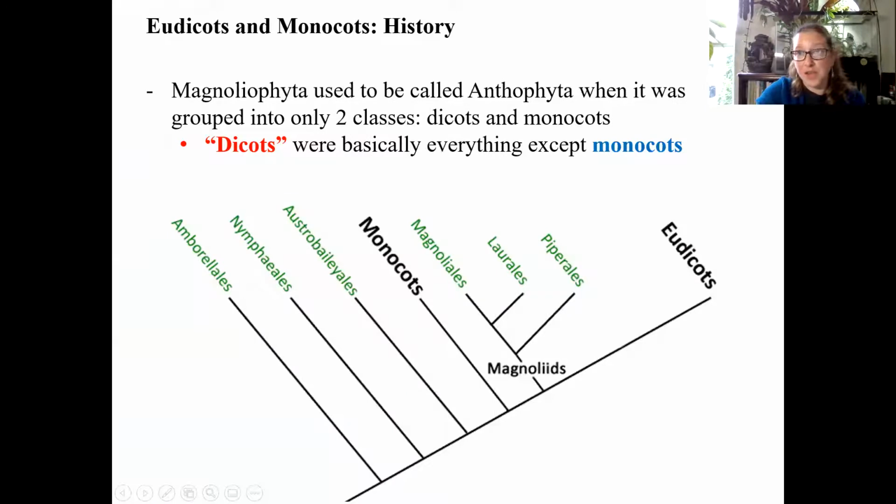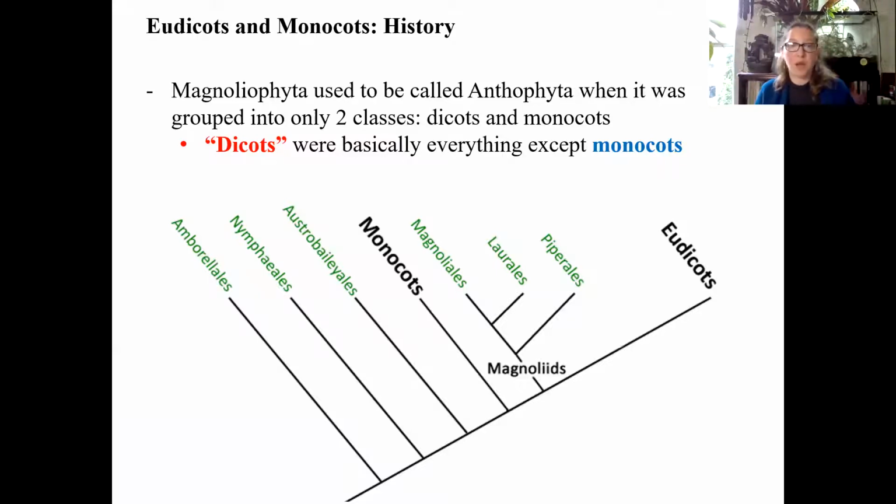So this is that history I was telling you before, right? Back in the day, we used to call the angiosperms Anthophyta because as botanists, we thought there were only two classes. We thought there were only the dicots and the monocots. That's just what we thought. And so it was really nice and neat.